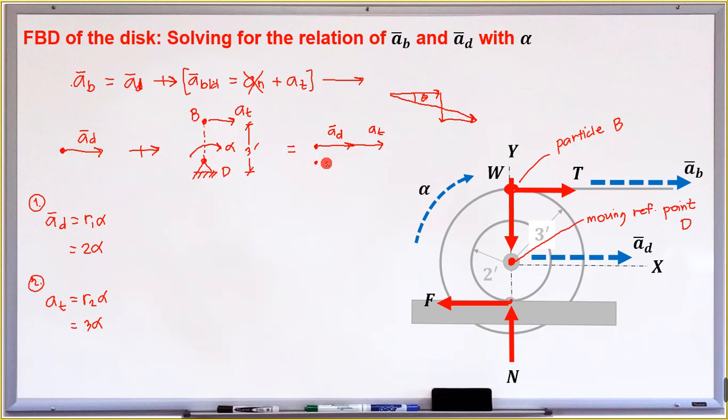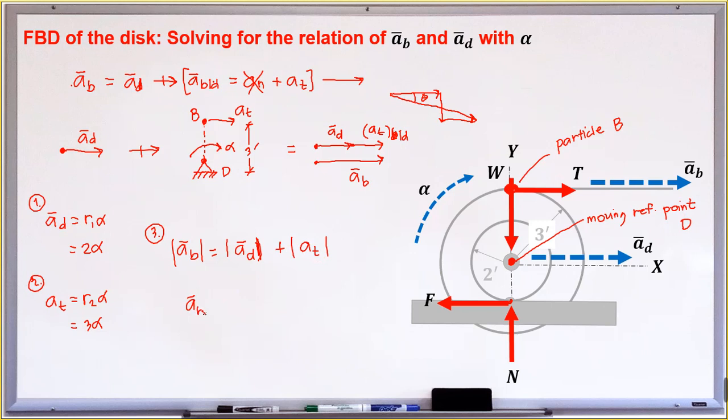So therefore the resulting acceleration is equal to the acceleration of B, or in mathematical expression, that is just the sum of the magnitude of the acceleration of D and the tangential acceleration. This is B with respect to D. Okay, so therefore we have A bar B is equal to the magnitude of AD plus the magnitude of AT.